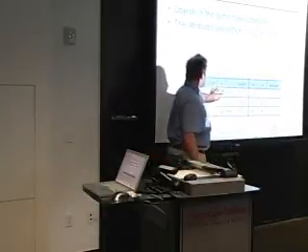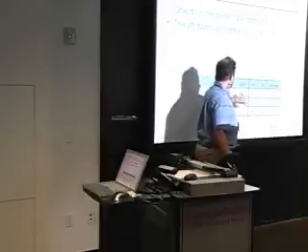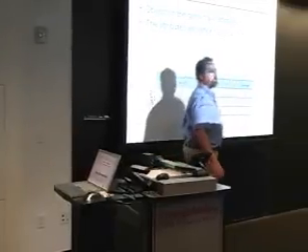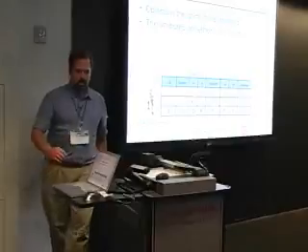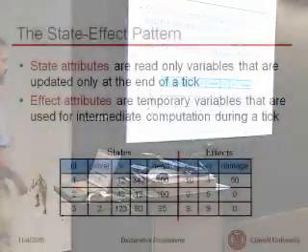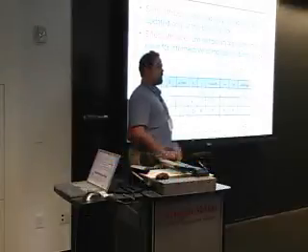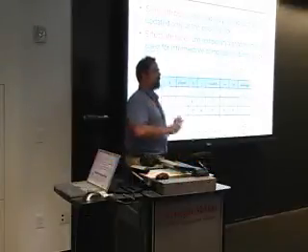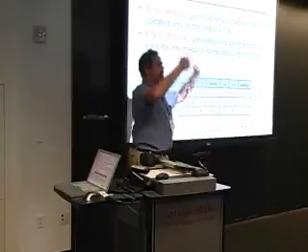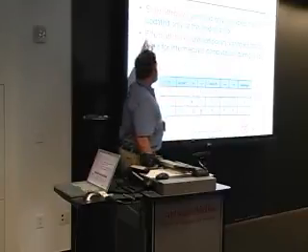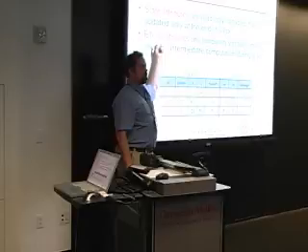So a state might be something like position, and an effect might be something like velocity. The way to think about this is that state attributes are read-only variables at the beginning, right? They're things that can't be changed until the next tick comes around. The only things that can be changed are effects.